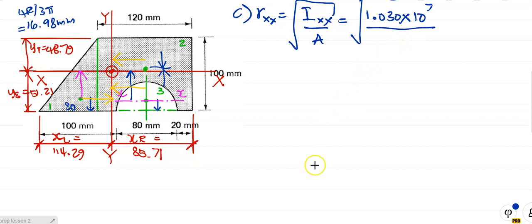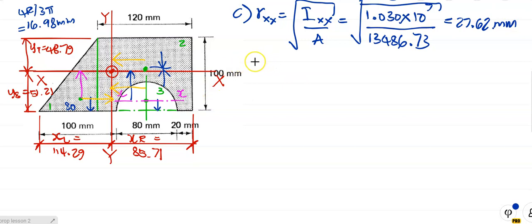The total area was 13486.73, the square root of the lot, and check your calculation against my calculation. The answer I get for Rxx is 27.62 millimeters. If you leave the units out, I'll take marks off. Okay, we're not making cake, we are civil engineers.